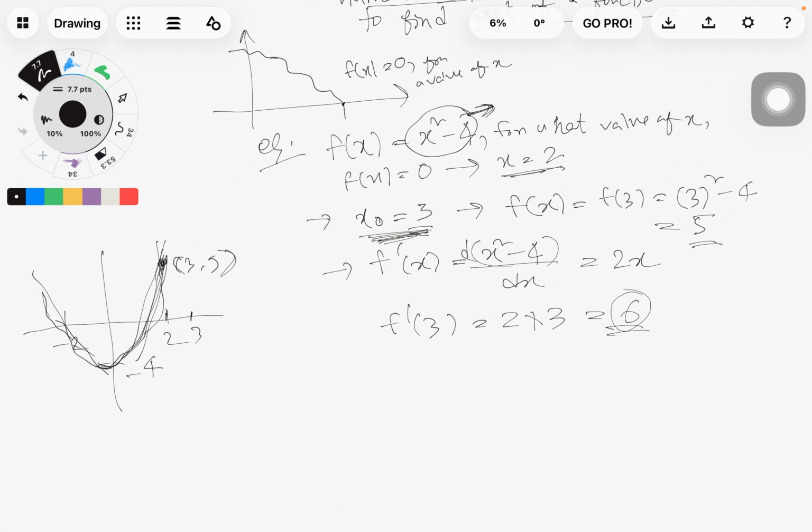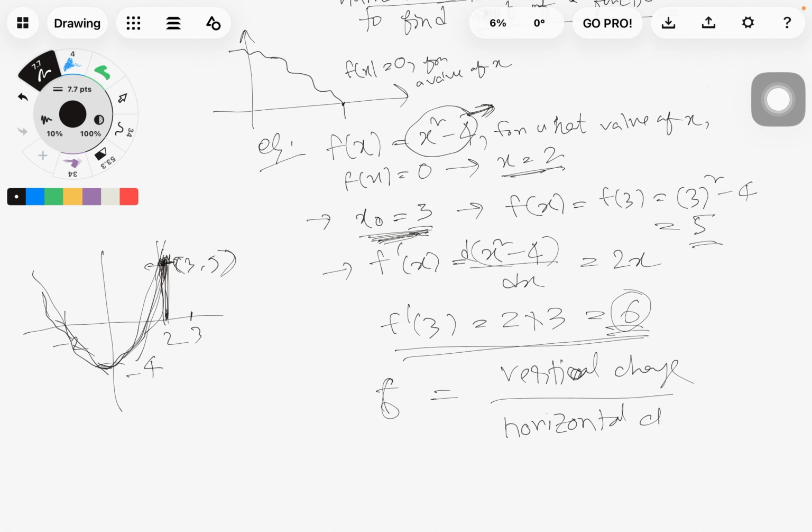Now what does it mean? We are 5 units above the x-axis, but also this lets us understand that if we were to move 1 unit away in x, the change in y would be 6 units. So the 6 can be written as a vertical change divided by a horizontal change, right?